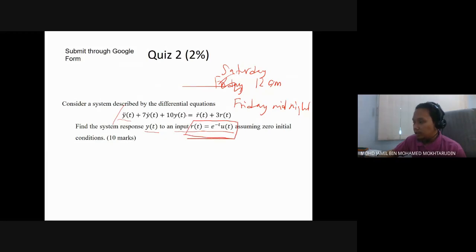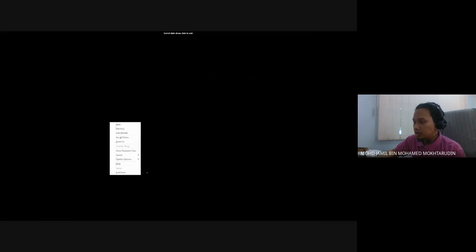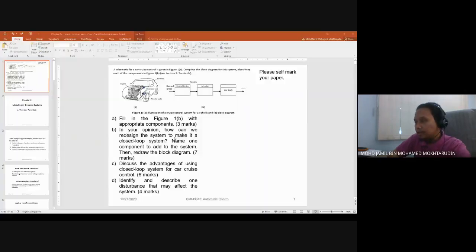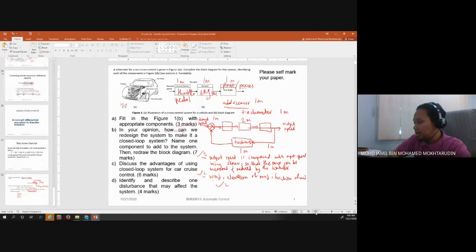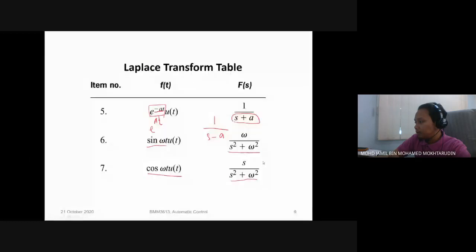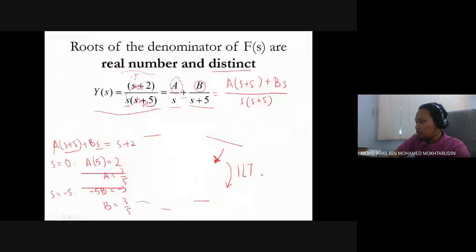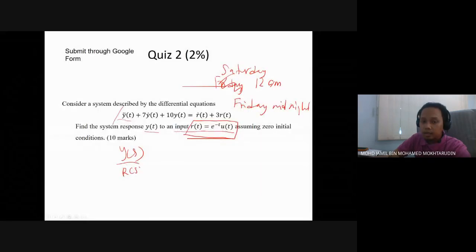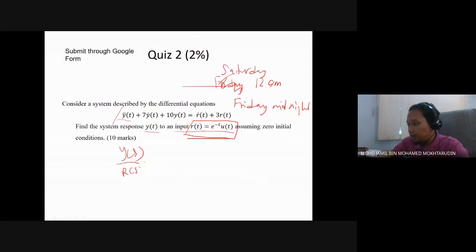And then when you get the Laplace transform of this equation, you will get Y(s) over R(s).